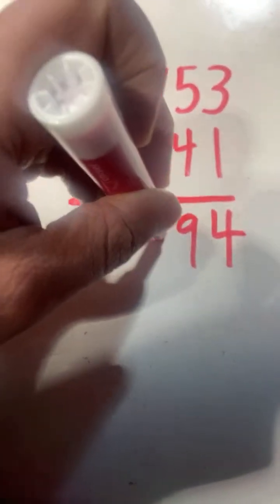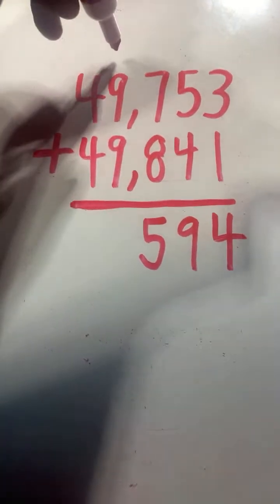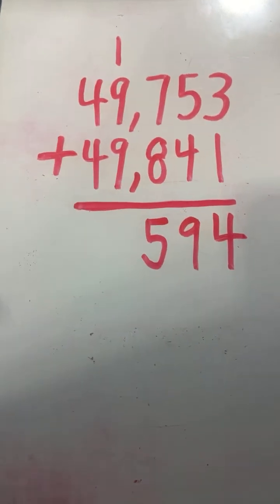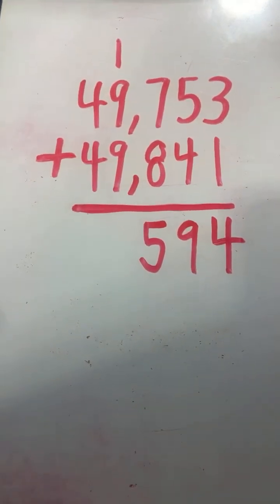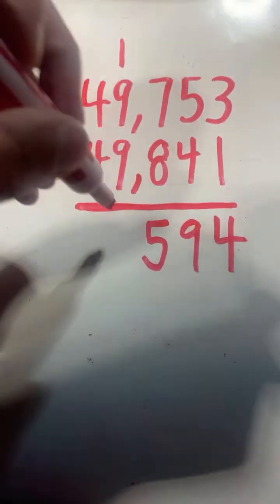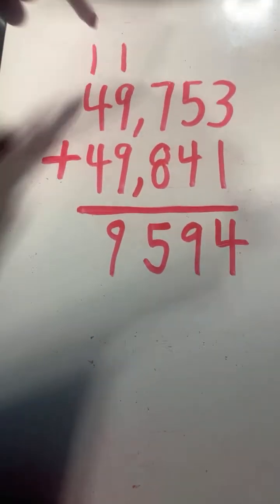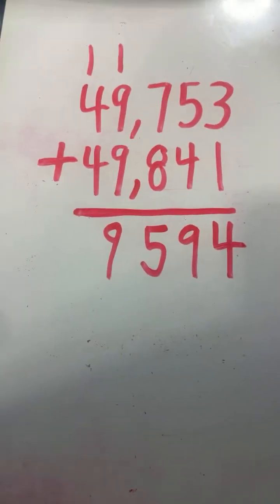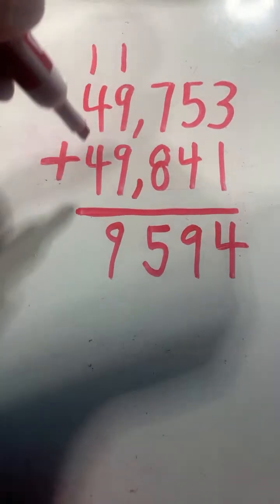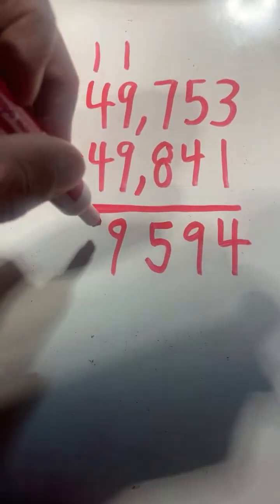The 5 in 15 goes in the hundreds place. The 1 gets carried over to the thousands place. 9 plus 9 equals 18, plus 1 equals 19. 9, carry the 1. 4 plus 4 equals 8, plus 1 equals 9.